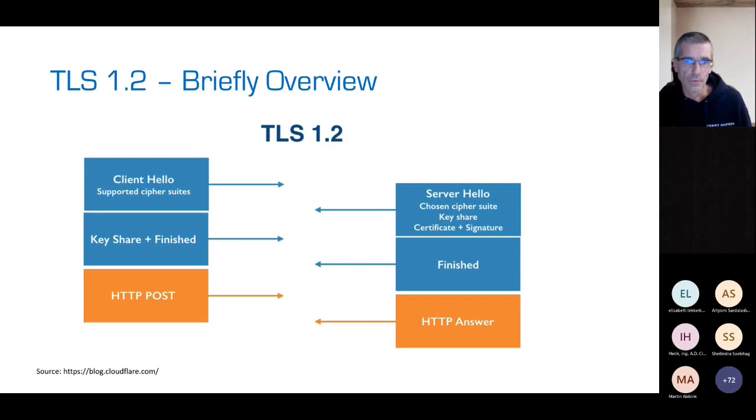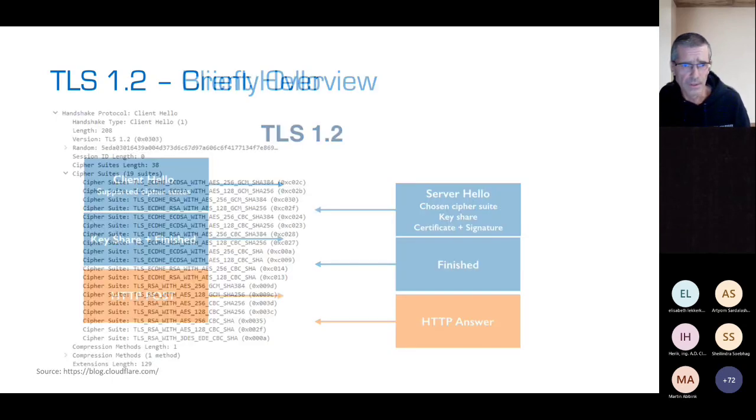Then the server will take a look at these cipher suites, and based on some choice that the server makes, it will choose one of these cryptographic cipher suites from the list. And then they both agree to use that specific cipher suite. There are some exchanges as well, and finally they agree on which symmetric crypto algorithm they will use, and then encryption can start.